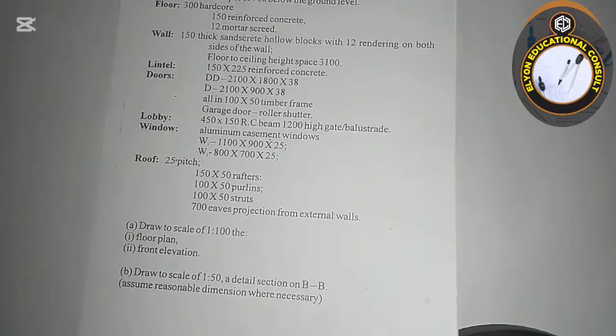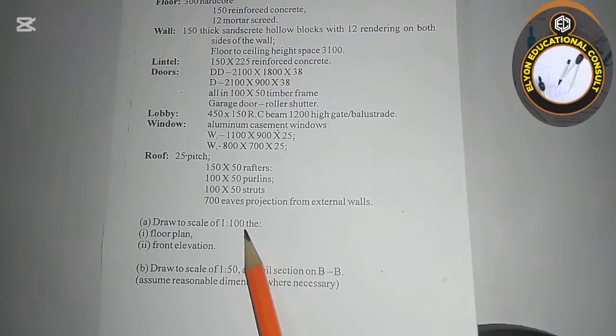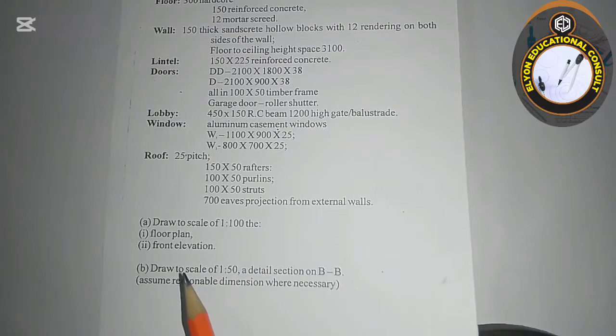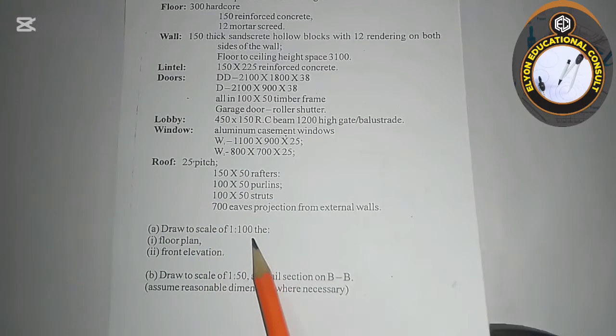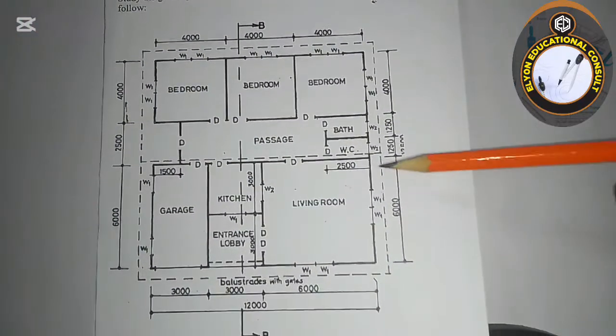Now the first question here says draw to a scale of 1 to 100. You need to understand what this scaling factor here means, so that you'll be able to apply it to your drawing. So it says we should draw to scale of 1 to 100 the number 1, the floor plan. Now the floor plan, this is what you are asked to draw.